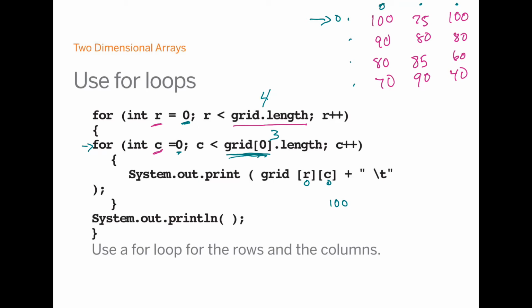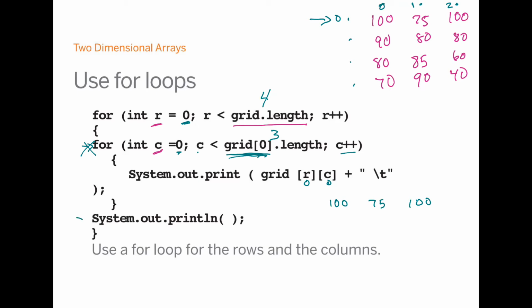So c is then going to go to 1. So we'll now go to column 1 and print 75. c will increase, we will get to column 2, it'll print 100. And then now it'll increment c to 3. 3 is not less than 3.